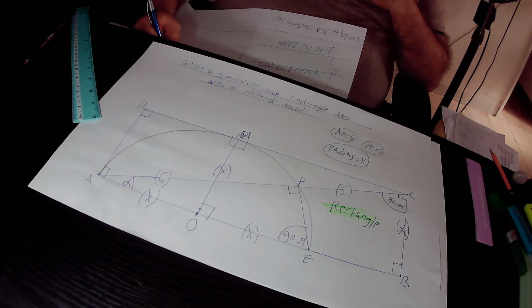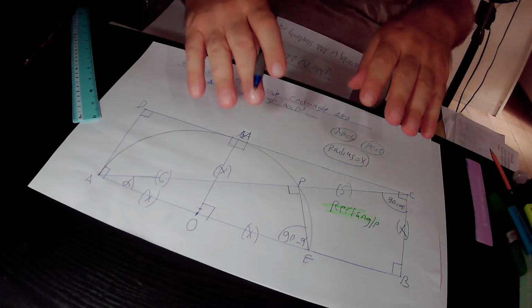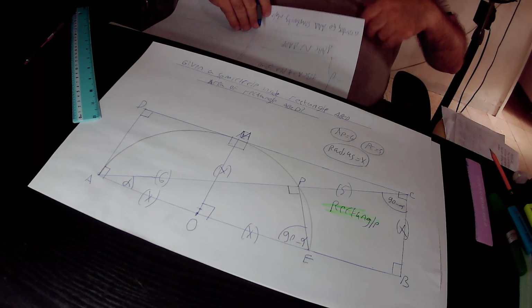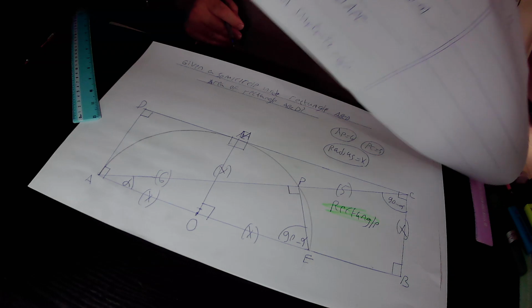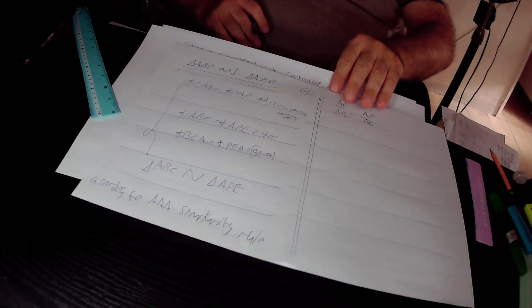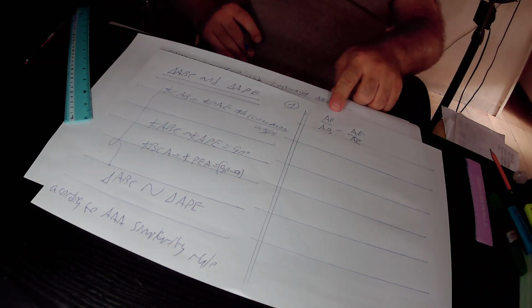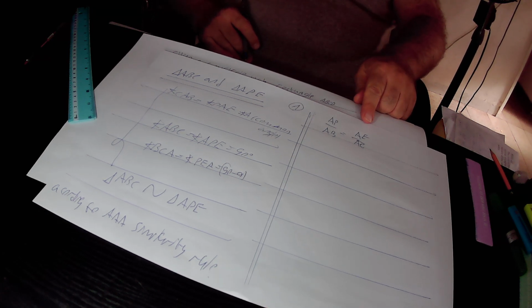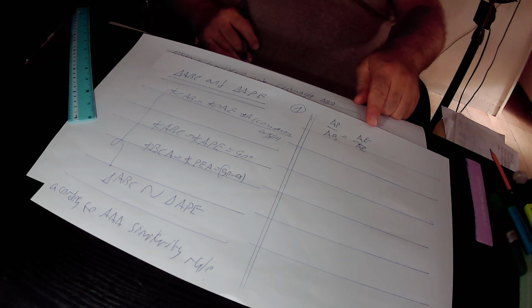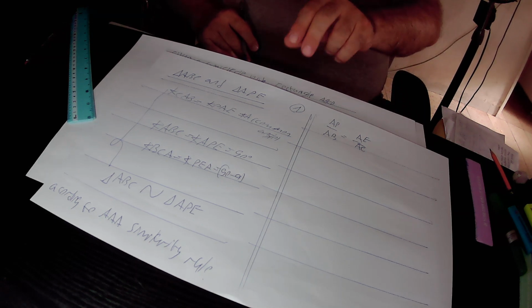So I repeat again, from the fact that those two triangles are similar to each other, we derive that AP over AB equals AE over AC.